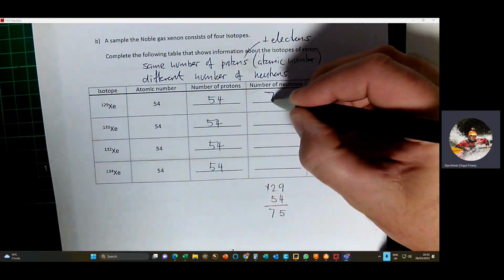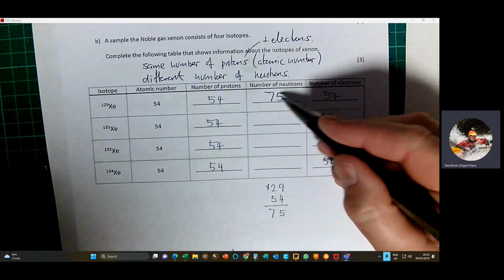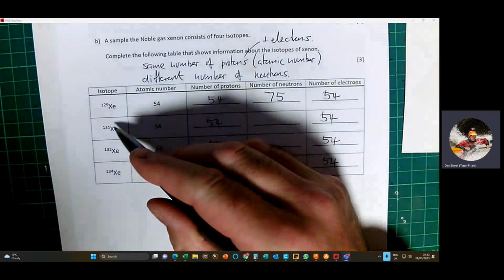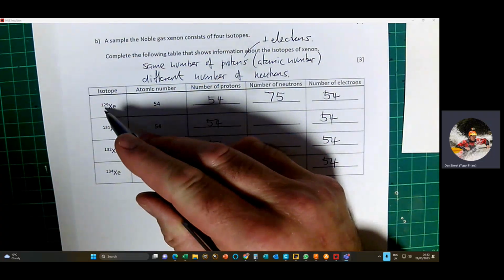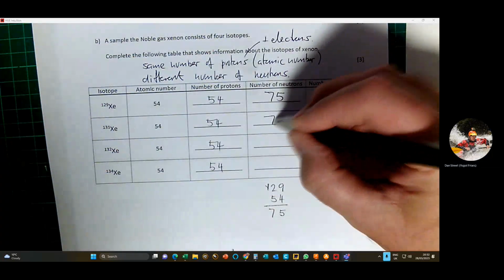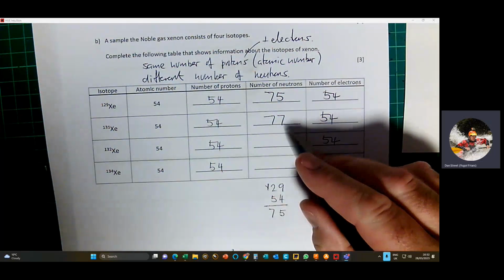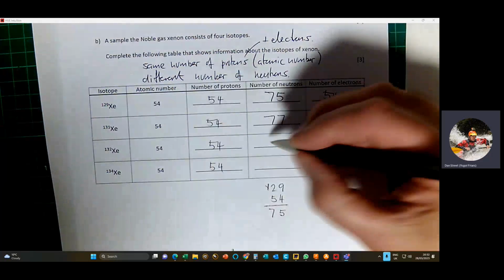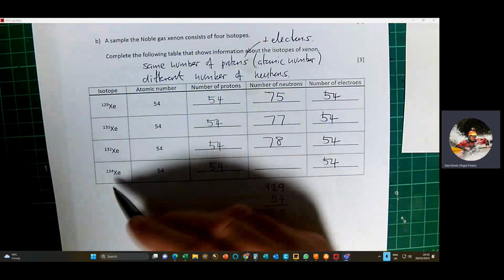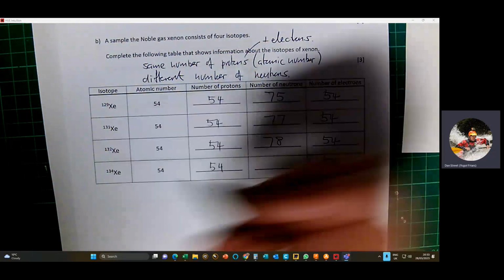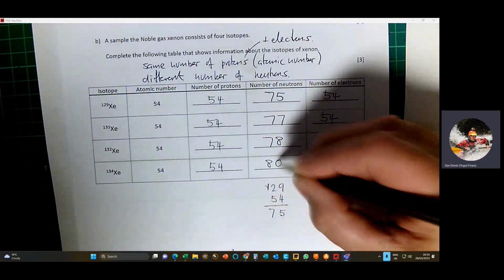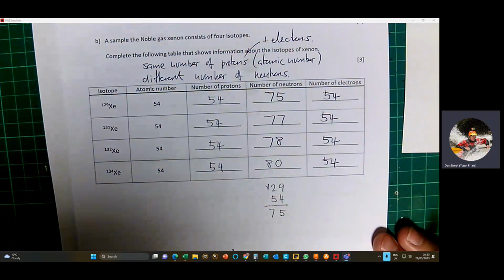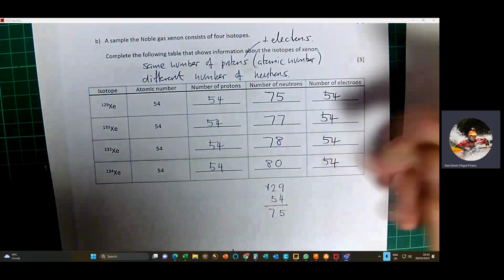So this is 75. And then to fill the rest of them in, we notice that 131 is 2 bigger than 129. So that must be 77. 132 is 1 bigger than 131. So that must be 78. 134 is 2 bigger than 132, and that must be 80. Okay, so here a mark for each of the columns.